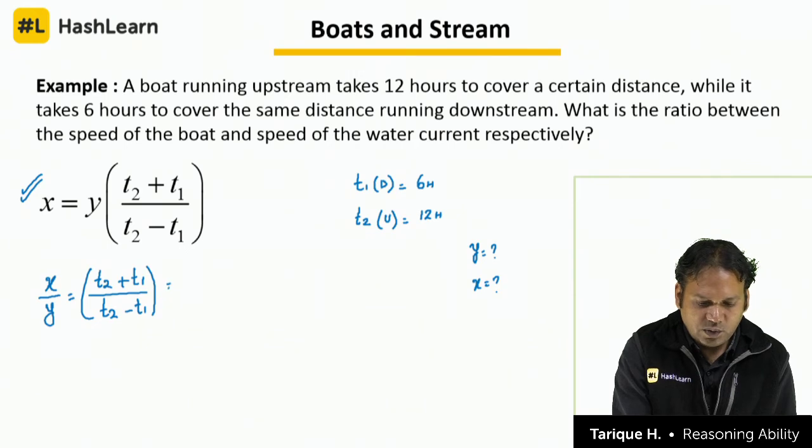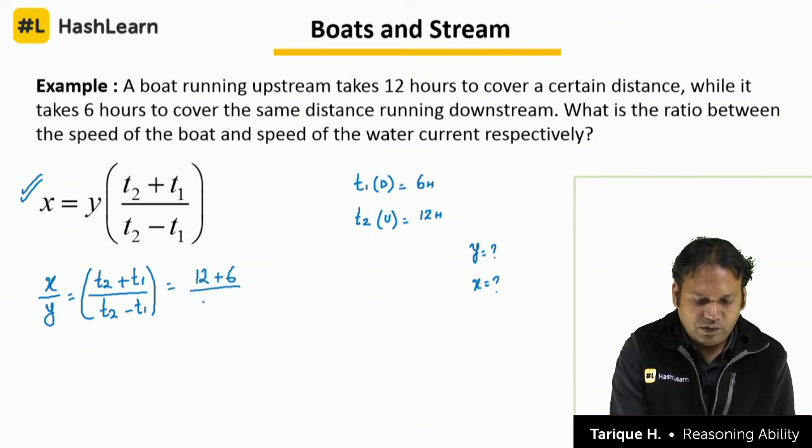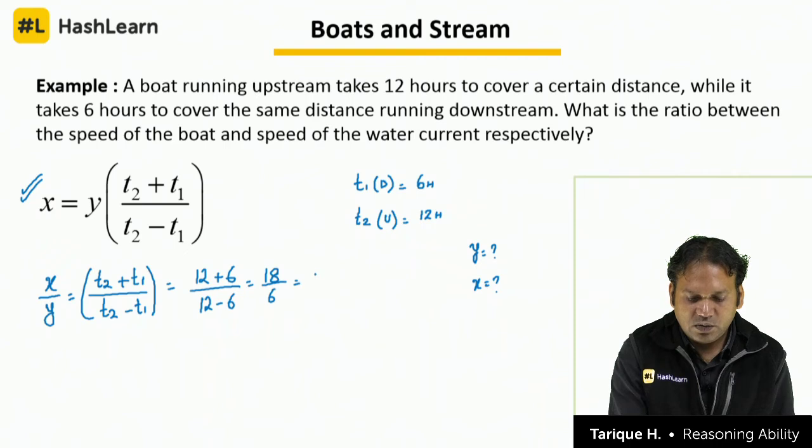Correct? So what is T2 here? 12 plus 6 upon 12 minus 6, 18 by 6, that is equal to 3:1.